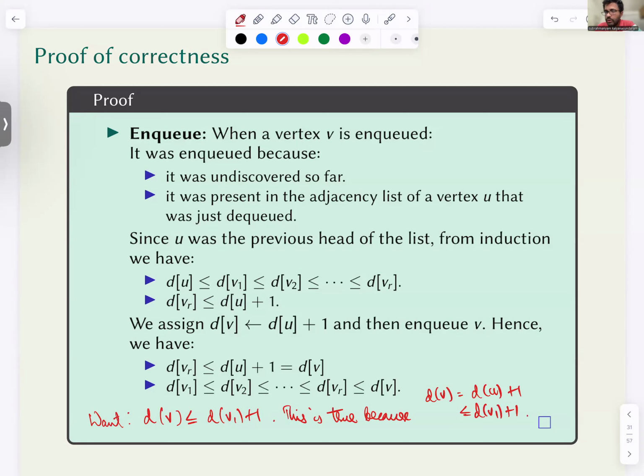So both the properties are satisfied. And that completes the proof of correctness of breadth first search. Rather, the proof that breadth first search actually gives you the shortest length paths, or the paths of the shortest number of edges from the source vertex to all the other vertices that are reachable from it.